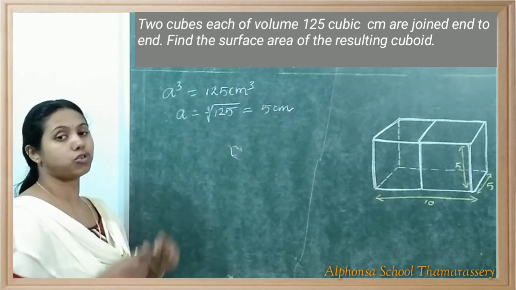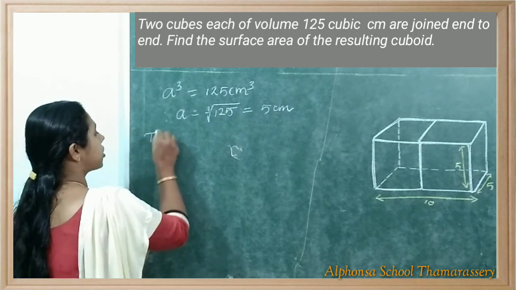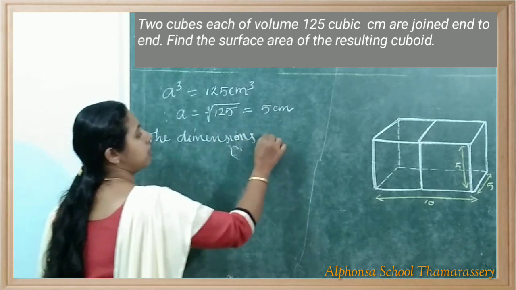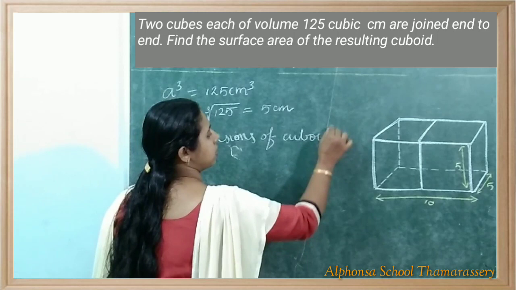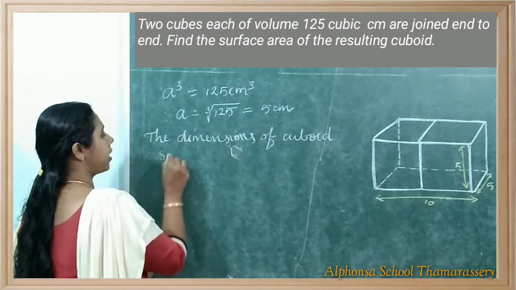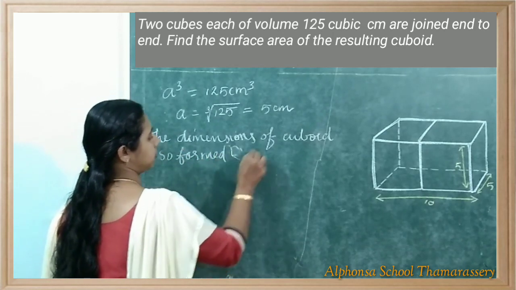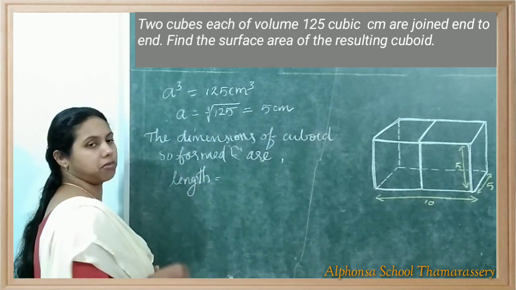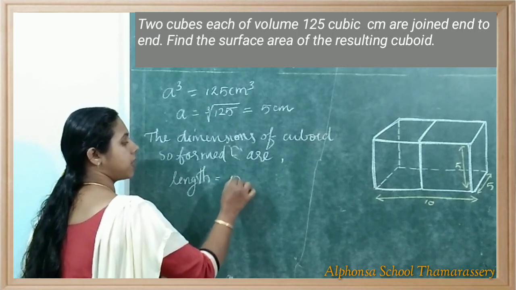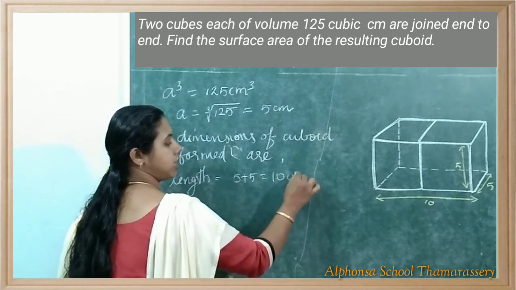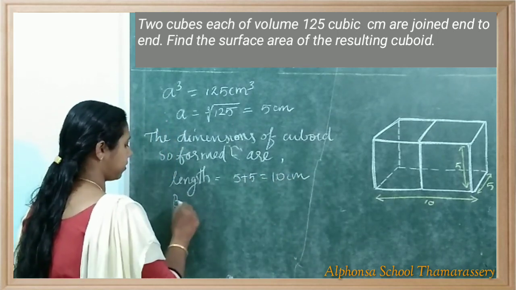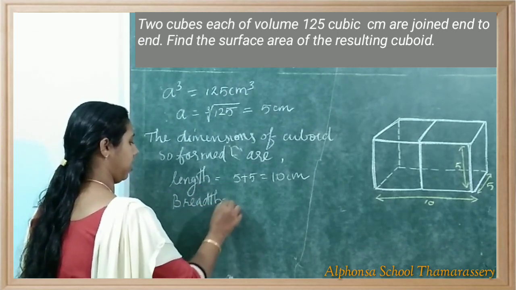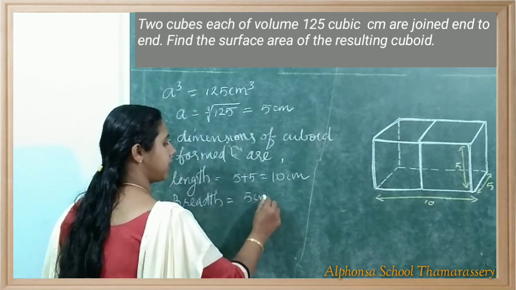Such two cubes are joined end to end. So the dimensions of the cuboid so formed are: the length of the cuboid will be equal to 5 plus 5, that is 10 centimeters. And breadth is equal to 5 centimeters.